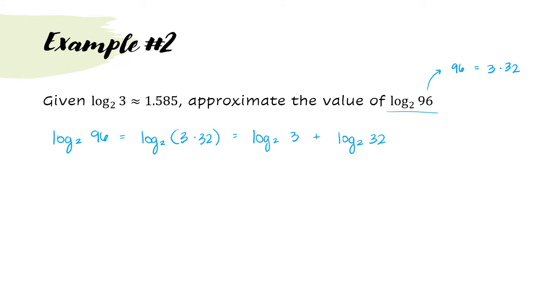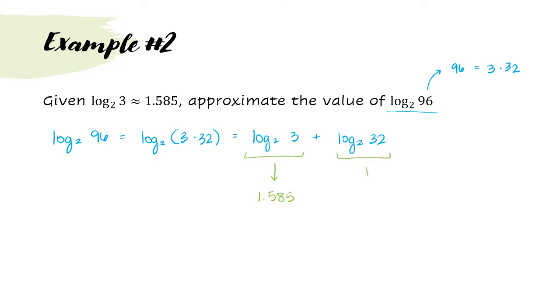From here, we're going to follow the same process. I already know log base 2 of 3. That was given in the problem as about 1.585. Now what about log base 2 of 32?